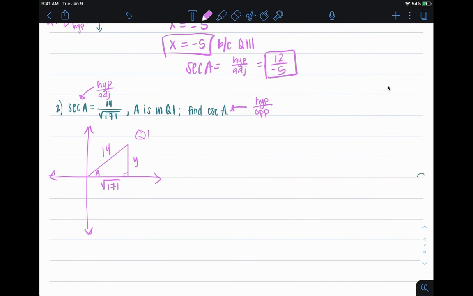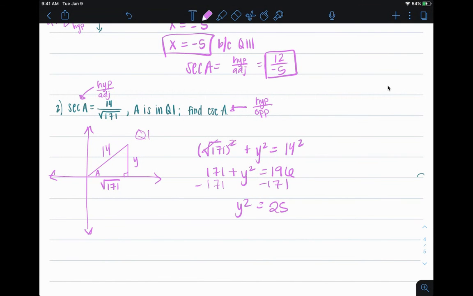So let's use the Pythagorean theorem. Again, we know the square root of 171 squared plus y squared will be equal to the hypotenuse squared, so 14 squared. Simplifying this, 171 plus y squared is equal to 14 squared, which is 196. Subtracting 171, you get y squared is again equal to 25. It's not always going to be like this, just in this problem.